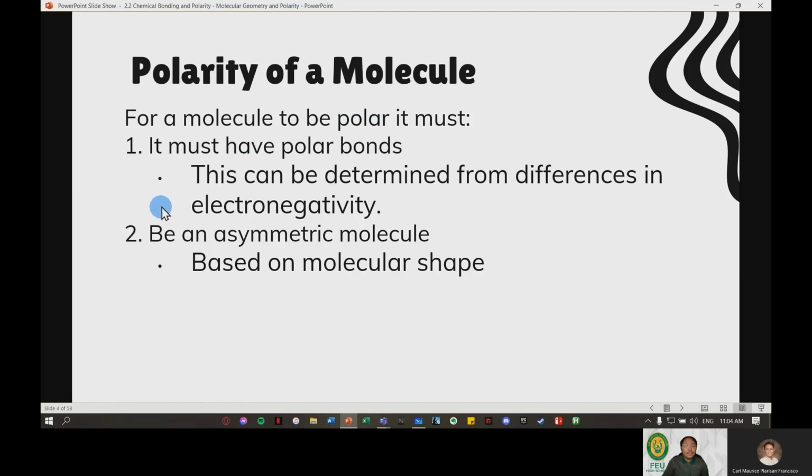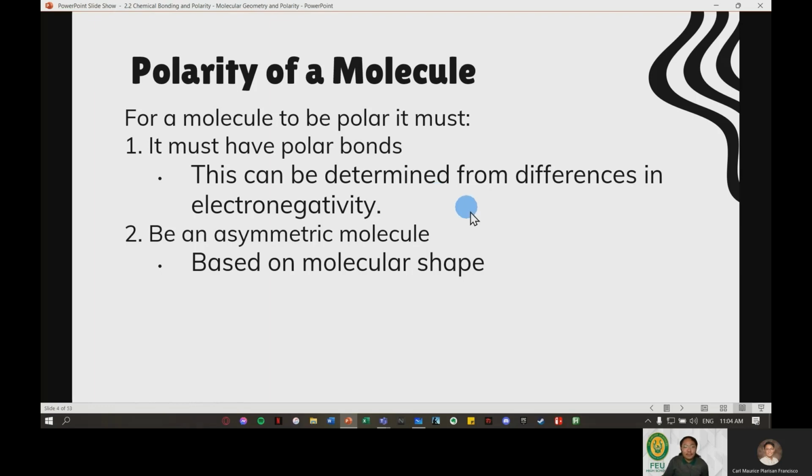Now, there are two things wherein we can identify that a molecule is polar. Number one, we can determine it via electronegativity difference. Electronegativity difference is determined by subtracting or determining the differences of the electronegativity of two elements that are of focus.